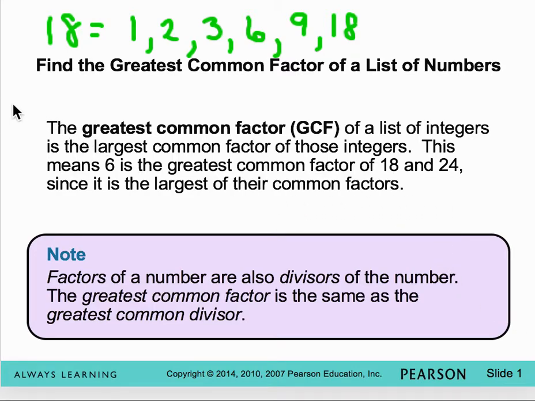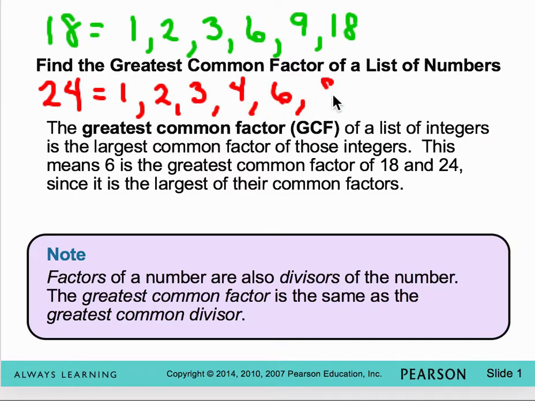The factors of 24 are 1, 2, 3, 4, 6, 8, 12, and 24. Okay, so there's our factors of 18 and factors of 24.